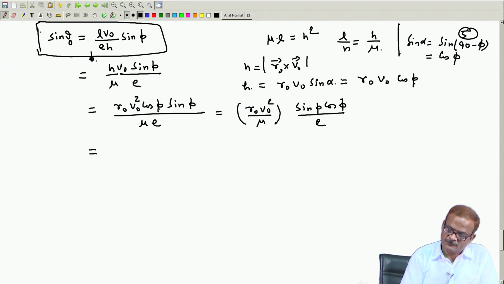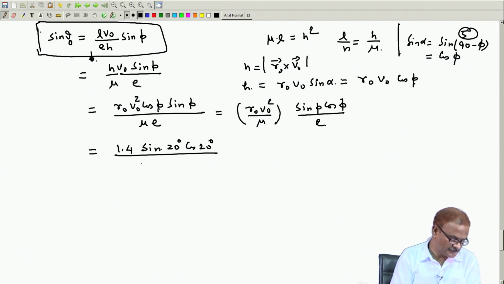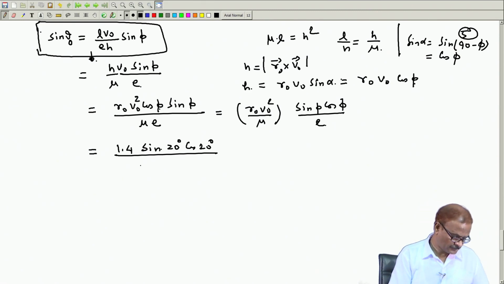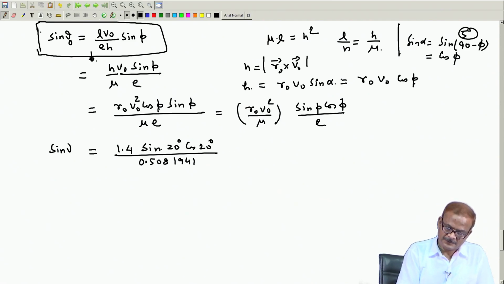All the values are now known. r0 V0 square divided by mu is given to be 1.4, times sin 20 degrees times cos 20 degrees, divided by e, which we have already determined. The e value we have written to be 0.5081941. So, this is sin theta 0.